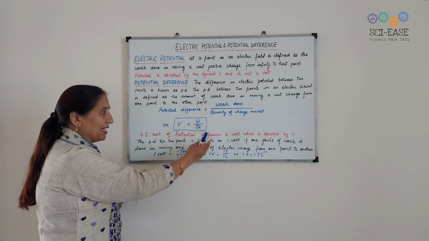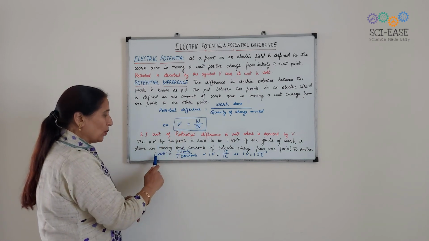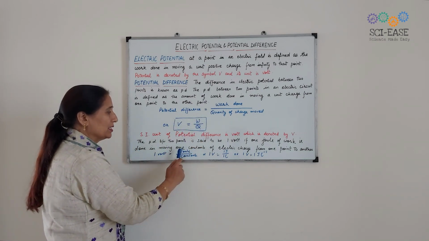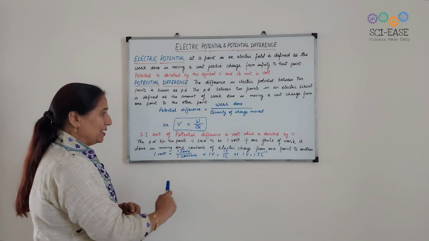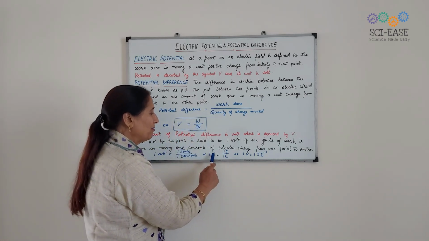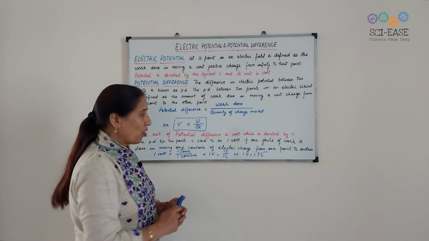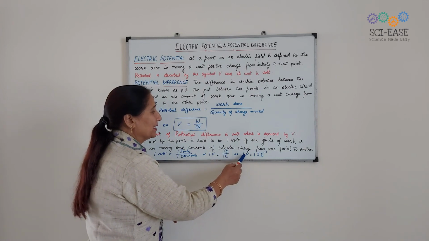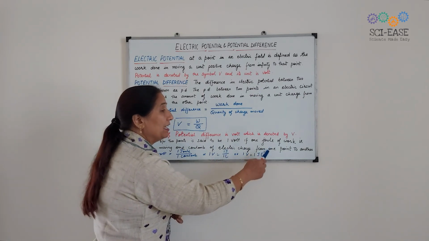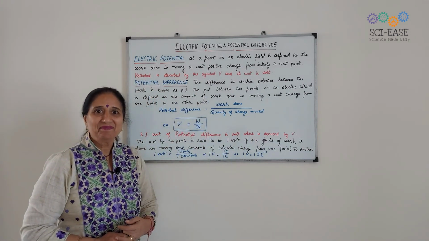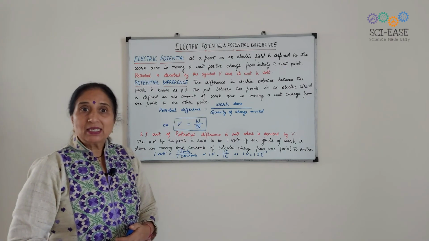So if V is 1 volt, W is 1 joule and Q is 1 coulomb, then 1 V is equal to 1 J over 1 C. Or it can be written as 1 V is equal to 1 J C inverse. So this expression you have to memorize.